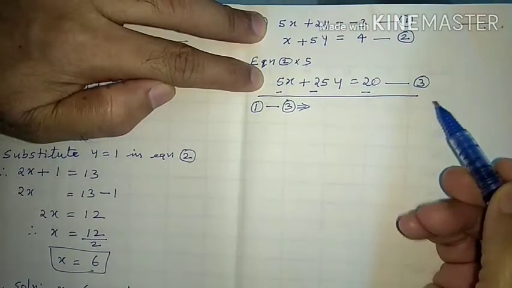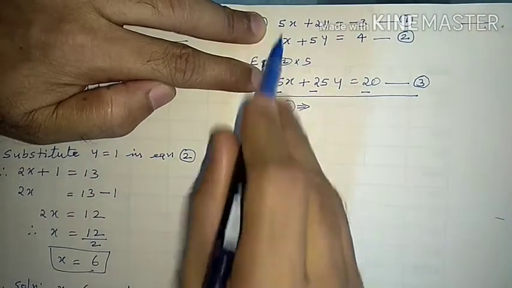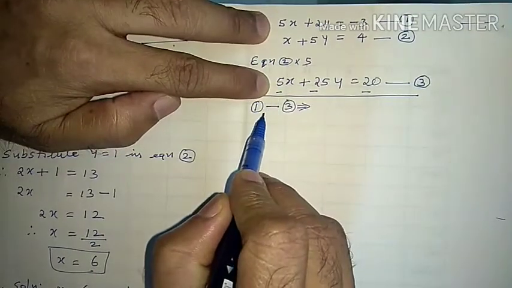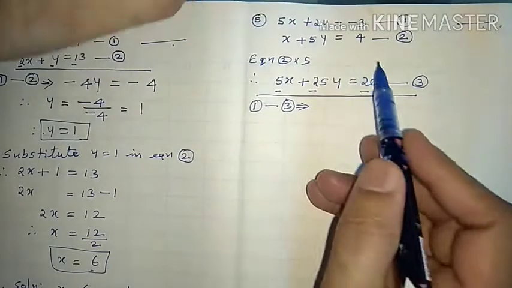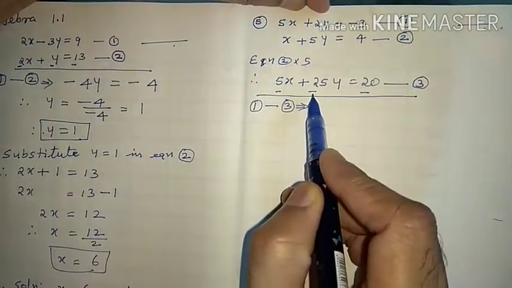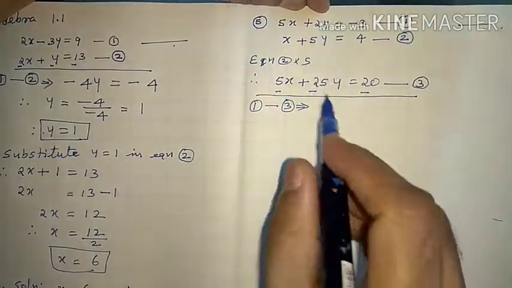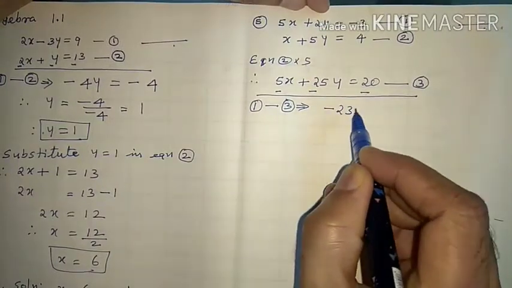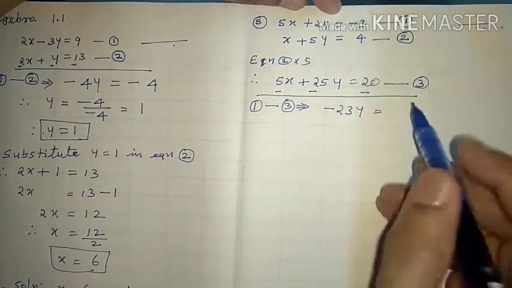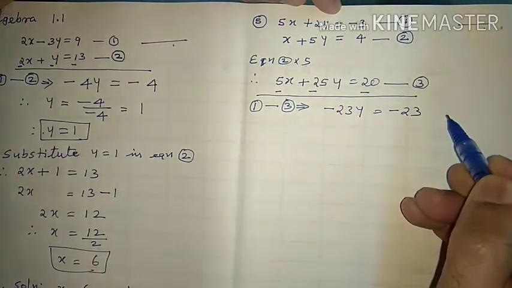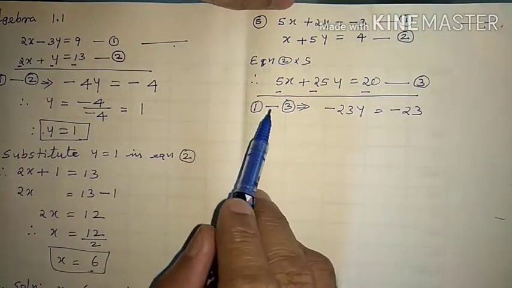After this we add. Minus 5x plus 5x becomes 0. Minus 25y plus 2y, minus 23y equal to minus 20 minus 3 more, minus 23.